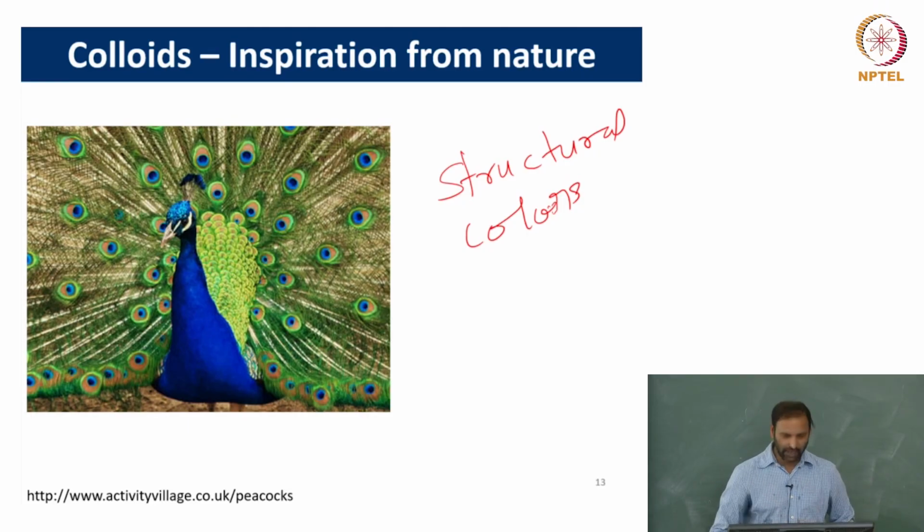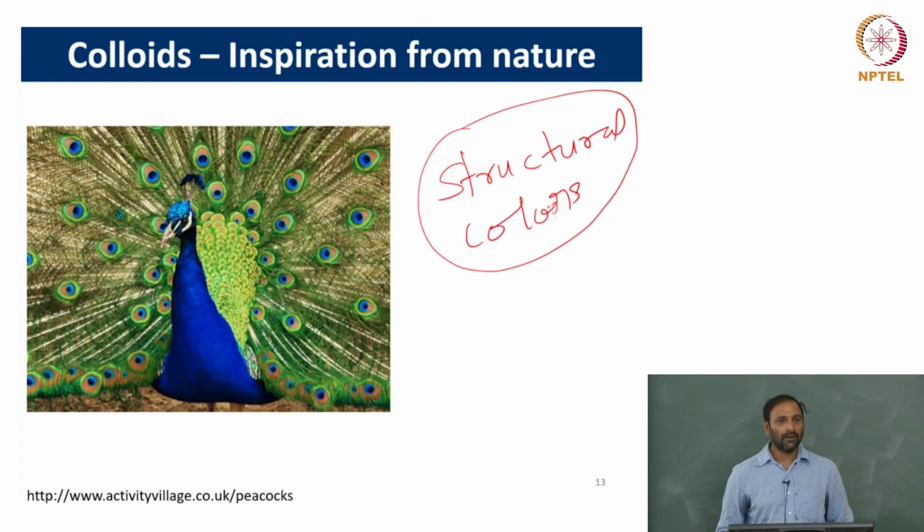But there are a lot of things in nature where the fascinating colors that you see come about because these things have structures whose length scale is such that the light falling on them is diffracted. Those colors come about because of the interaction of light with the way the colloidal scale materials are arranged on such fascinating creatures.